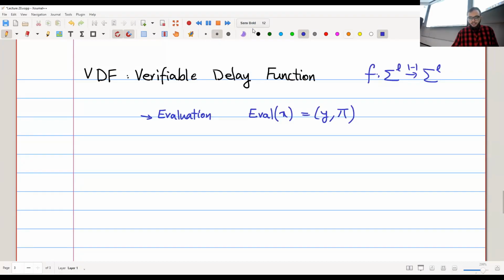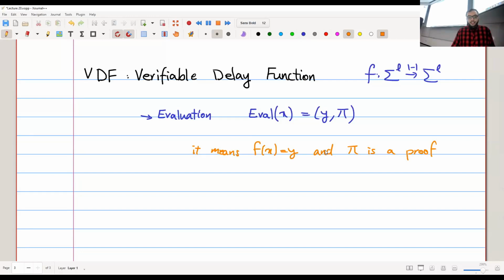What this means is that f of x is y, and p is a proof that shows f of x is y. If you passed complexity theory or something like that, this should remind you of the definition of NP.